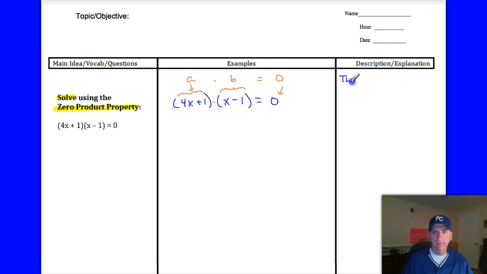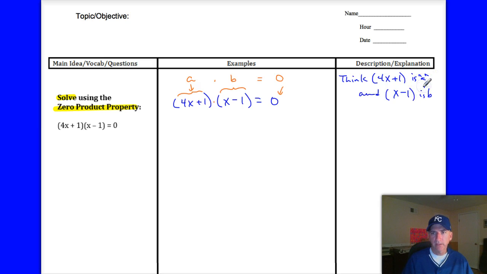Think, in your mind, that 4x plus 1 is a, okay, and x minus 1 is b.